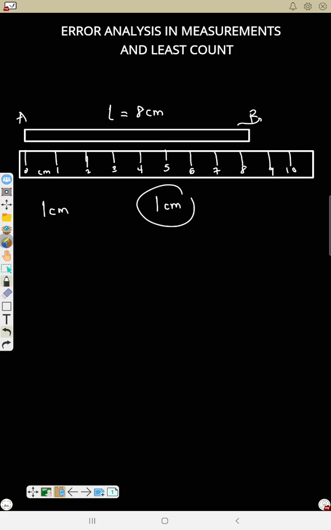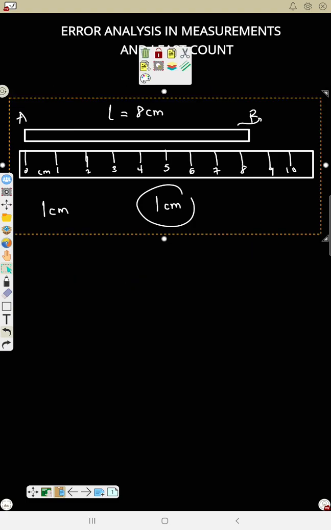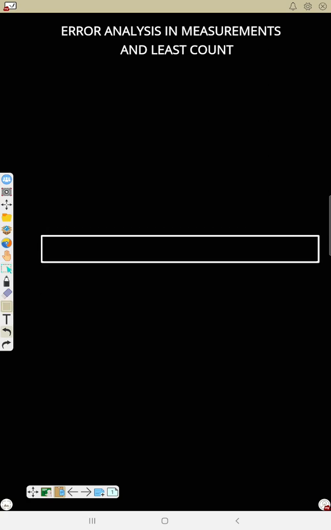That means the least count of this ruler is 1 centimeter. So now let's put centimeter marks to do another illustration of least count. Then you can understand better.